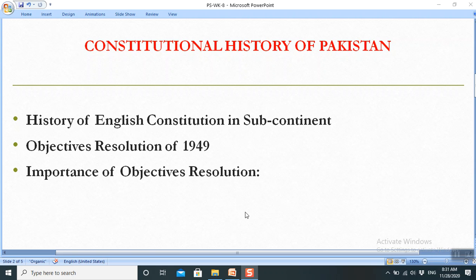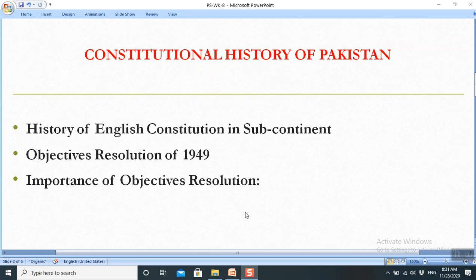Well, what is a constitution? In plain language, a constitution is a body of rules and regulations that defines the structure of the state, like what kind of state it will be.